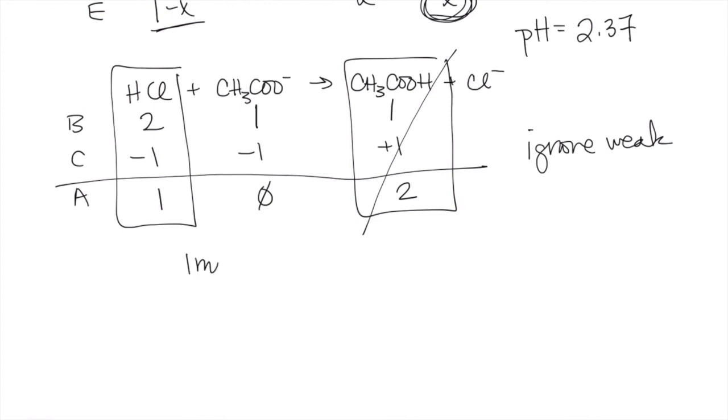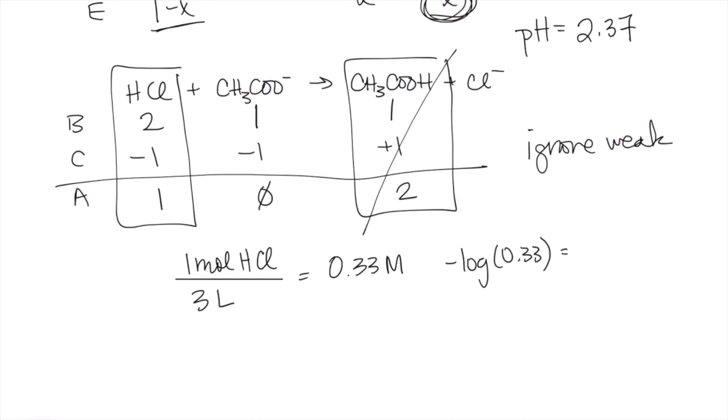I've got 1 mole of HCl, and I combined 3 liters of solution: 2 liters of the HCl, 1 liter of the buffer. That gives me 0.33 molar. Negative log of 0.33 is 0.48. That's my pH. Okay, good.